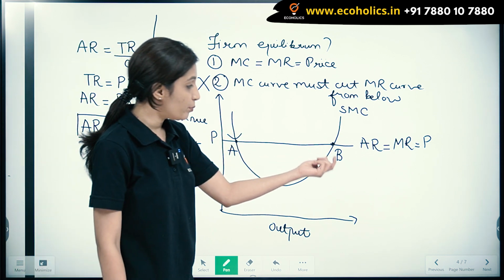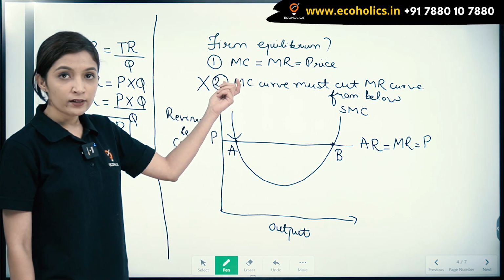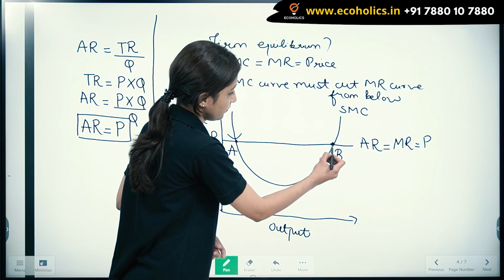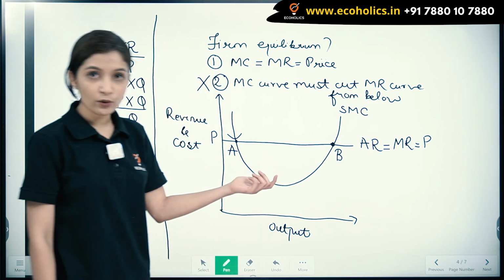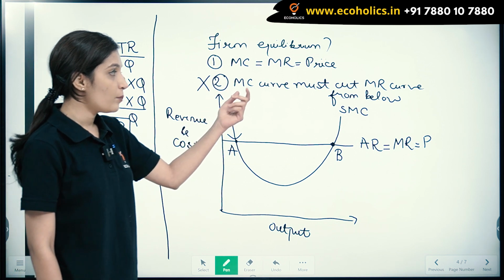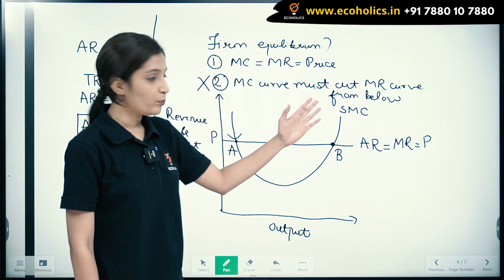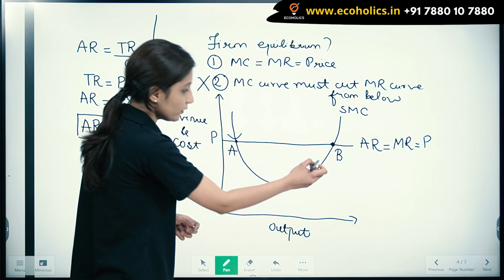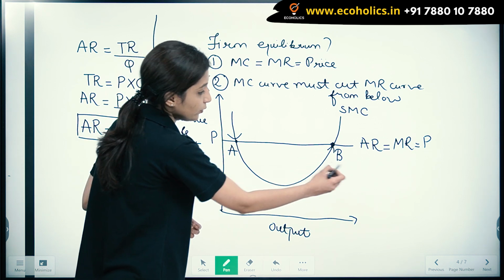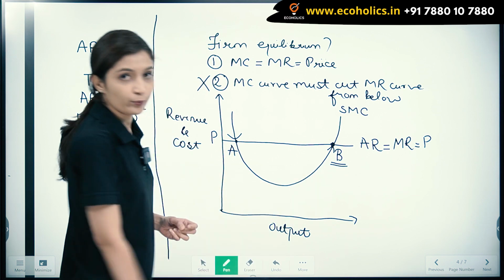Whereas at point B, we have MC equal to MR, and also our second order condition, which states that the MC curve must cut the MR curve from below, is satisfied. Here, the MC curve cuts the MR curve from below.